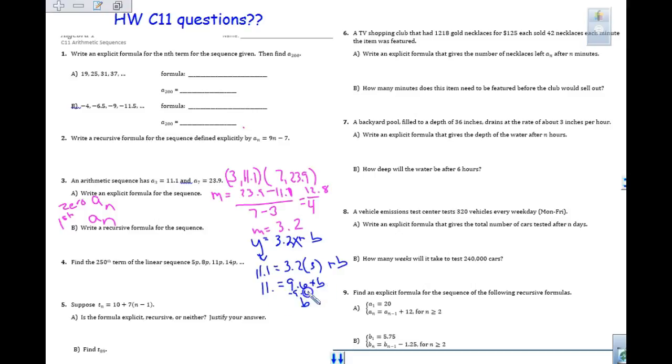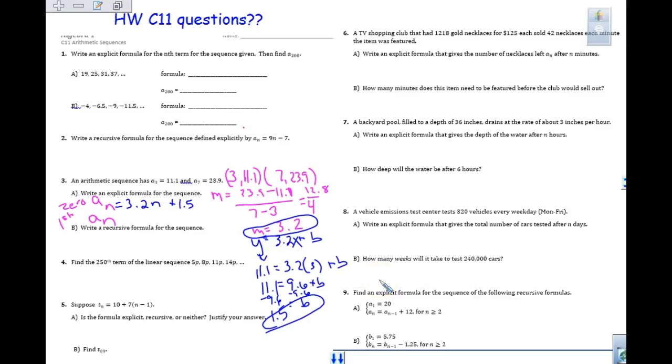Subtracting 9.6 from both sides, 11.1 minus 9.6, I get b to be 1.5. In order to write an explicit formula, the easiest way is to use slope-intercept. A sub n equals my slope, 3.2 times n plus 1.5.